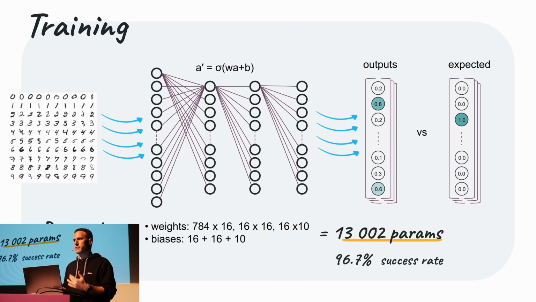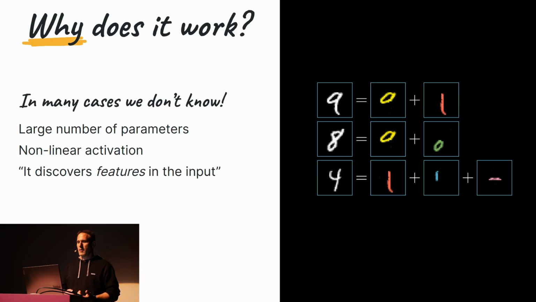Okay, so now we have some idea of how it works in practice to use such a neural network and to construct it. But now we might be wondering, why does it work? How come this structure is able to produce a correct output? And technically, from a mathematical point of view, the network implements a nonlinear regression, so it's able to find an approximation for a function that would be the perfect function mapping the different kinds of input to the expected output.